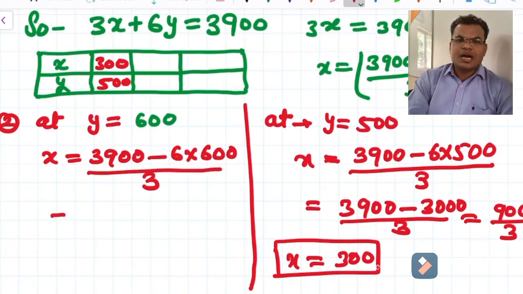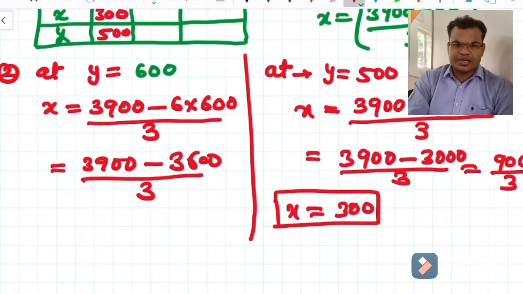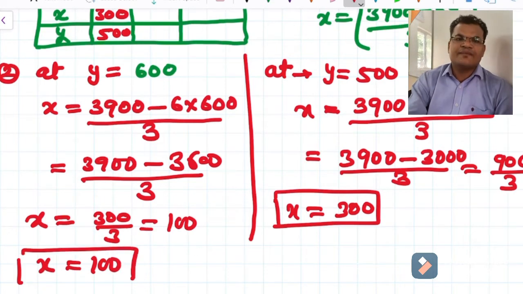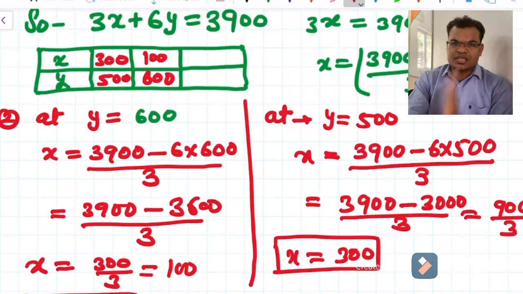After this we have 3900 minus 3600, which will be 300. So 300 upon 3 will be 100. So when y is 600, x will be 100. So x is 100, y is 600.